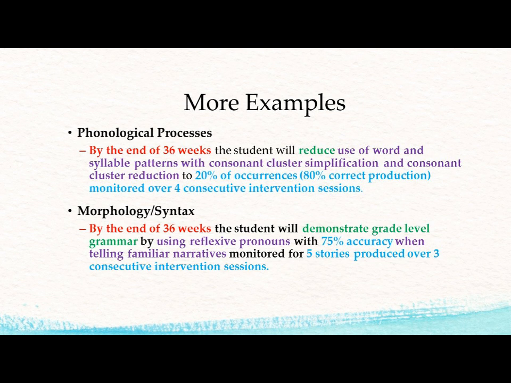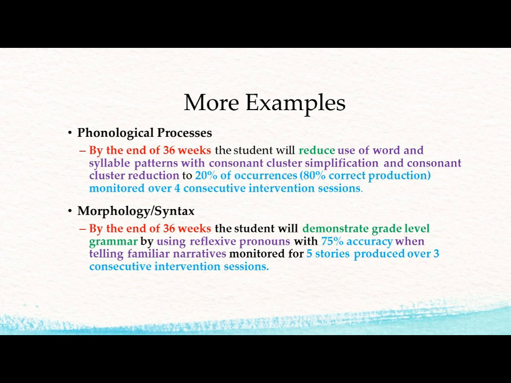You also see the condition of performance, such as reducing use of word and syllable patterns or demonstrating grade level grammar. And you can see the observable behavior, which is what is being measured. For the phonological process example, the observable behavior is use of word and syllable patterns with consonant cluster simplification and consonant cluster reduction will be reduced.